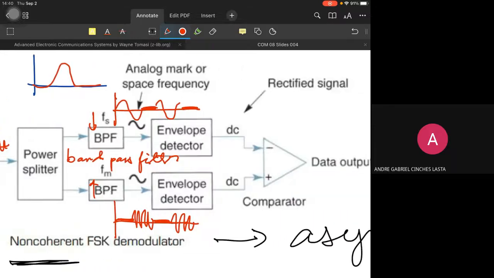Then, envelope detector. Unsa nga device ang capable mag-perform og envelope detection?